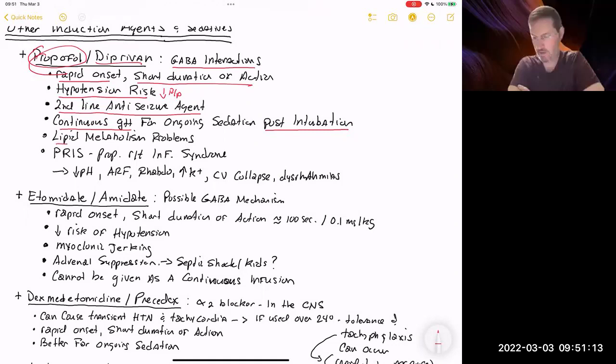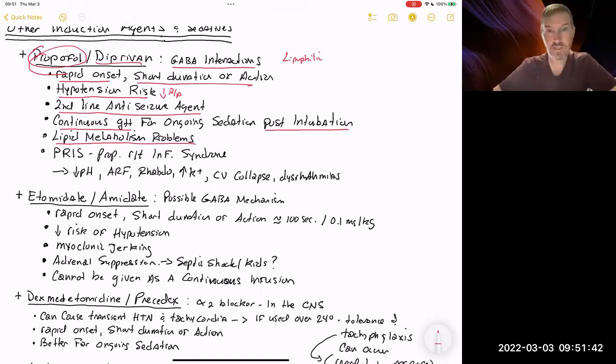It can be associated with lipid metabolism problems because it is highly lipophilic. It's a lipid-based solution that propofol comes in, which makes sense. It rapidly penetrates into lipid-filled spaces in your body, like your brain.